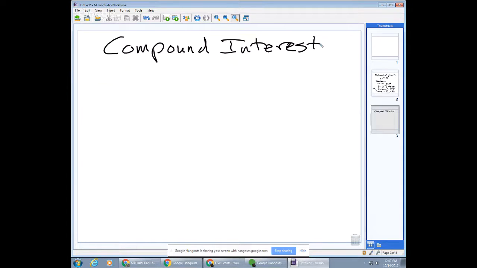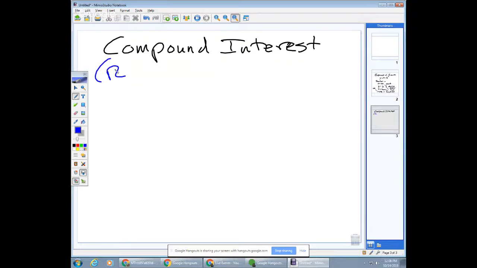Compound interest is just repeated simple interest. So it's not as bad as it sounds.